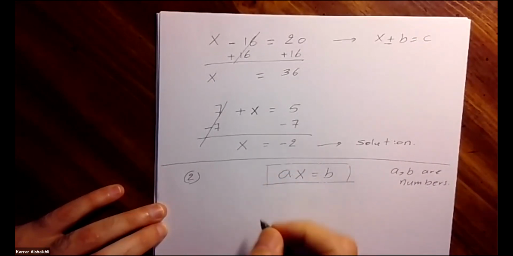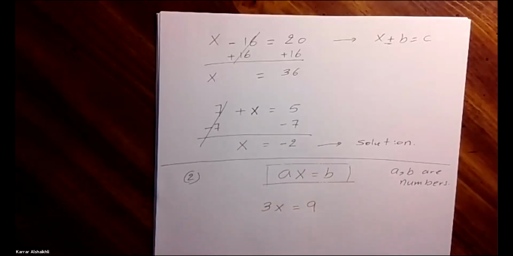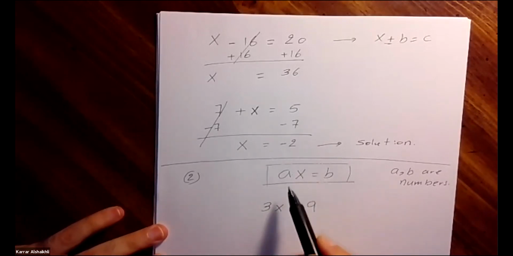For example, if we have 3x equal 9, how are we going to solve this one? This is exactly the same thing. Here's the a, this is the variable, and here's the b. We need to solve this one to find the value of x.